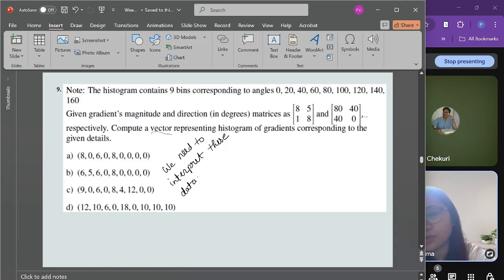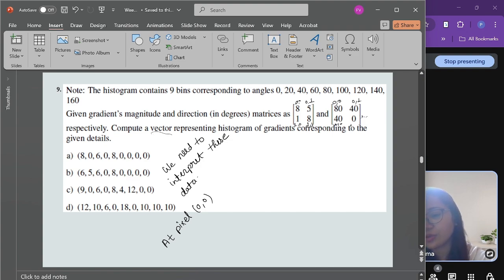Okay, so let's say pixel location 0 0, 0 1, 1 0, and 1 1. Similarly for the direction matrix also: 0 0, 0 1, 1 0 and 1 1, right?